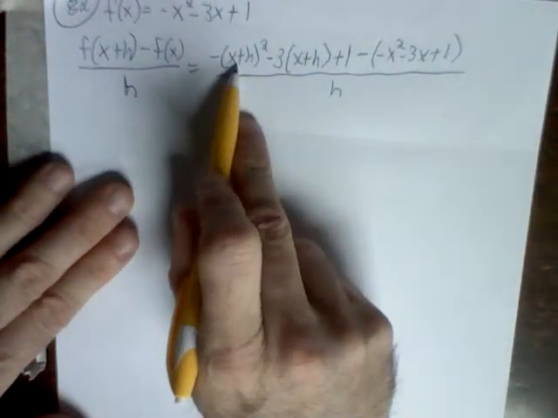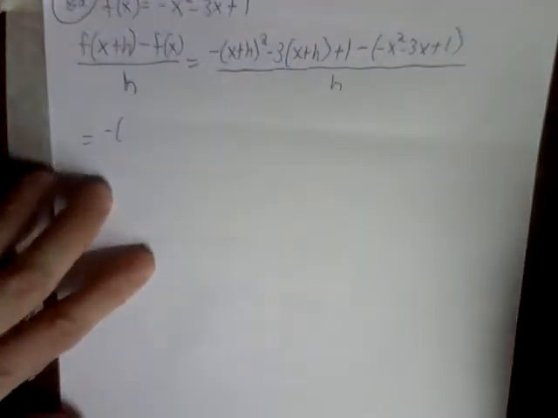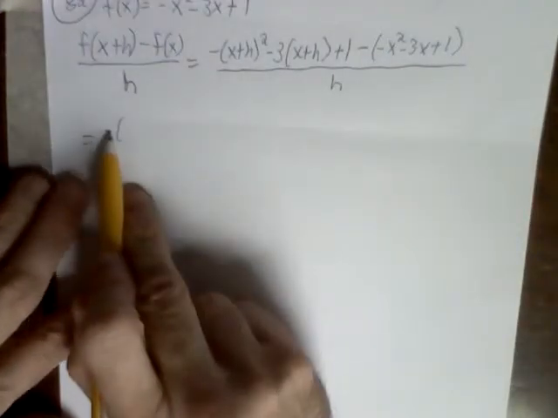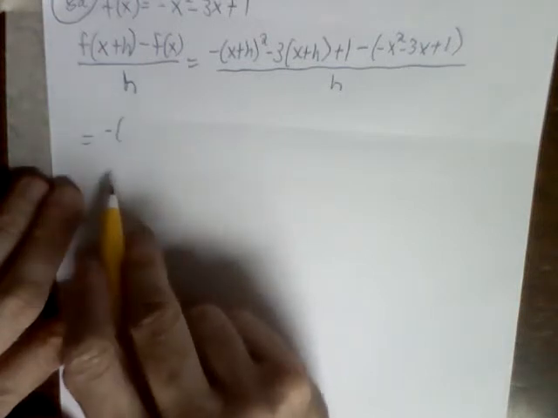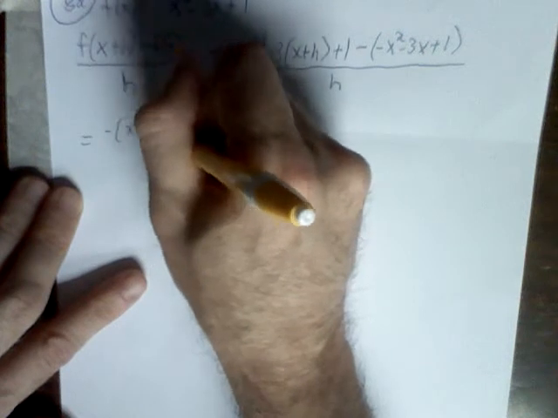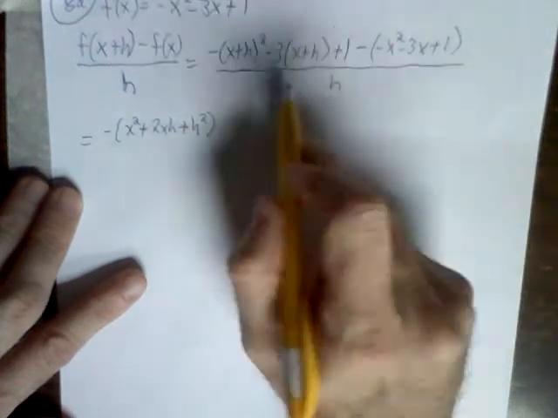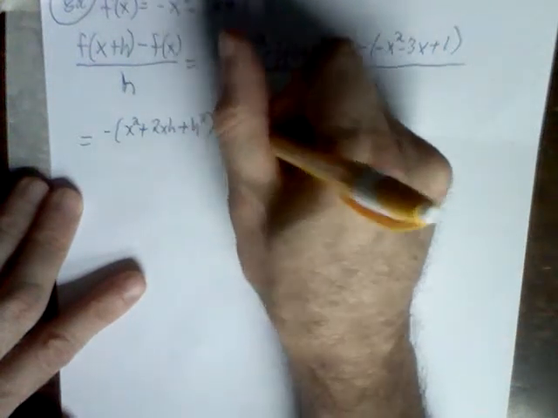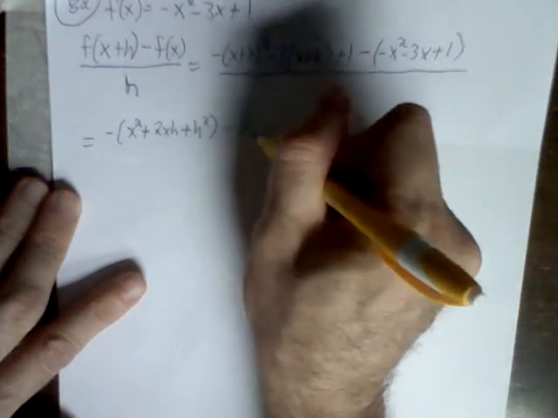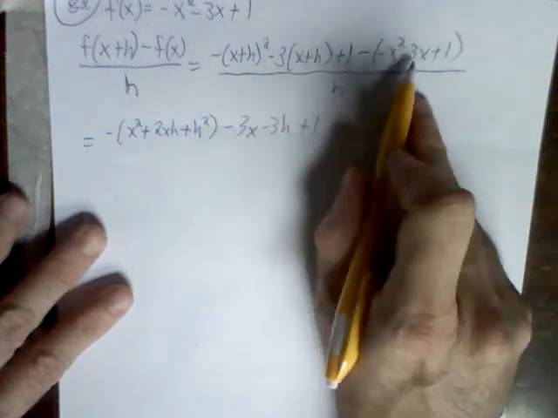I need to go through, I need to FOIL this guy, right? So it'll be negative, and I'm going to keep those parentheses to remind myself I have to distribute a negative eventually. So this will be x squared plus 2xh plus h squared. Then I'm going to distribute this negative 3: minus 3x minus 3h plus 1. And I'm going to distribute this negative.